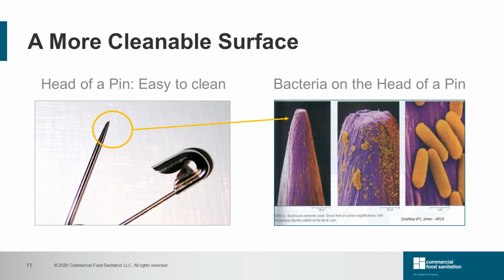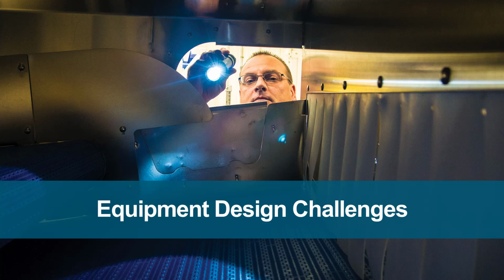Although the surface is smooth and the pin looks clean, there are still plenty of bacteria on the head of the pin. This shows us that even though it is visually clean, it might not be microbiologically clean. Equipment will always have hygienic design challenges and flaws, and there will be harborage areas that can easily become an area for microorganisms to grow.